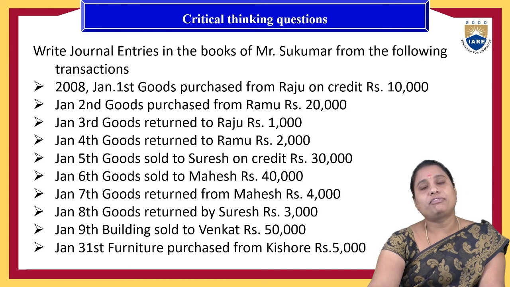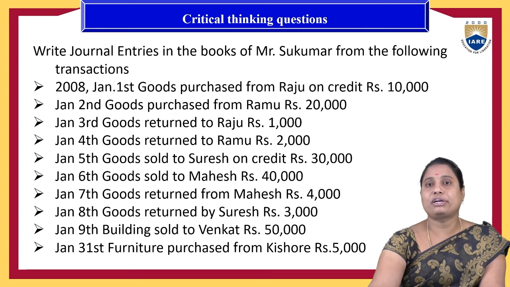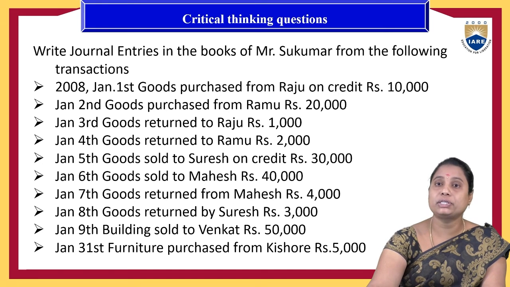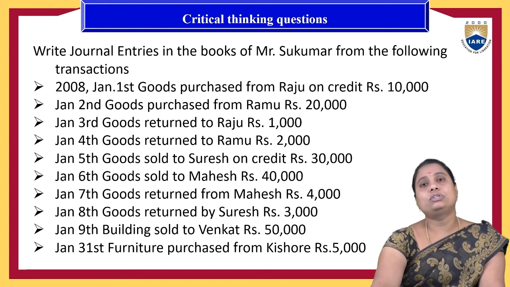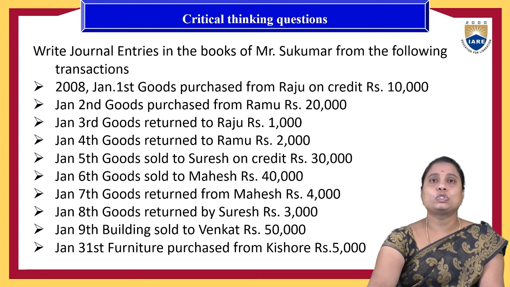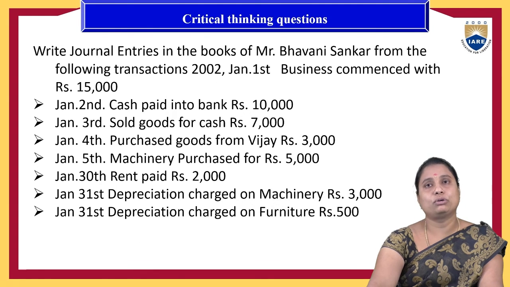Here the furniture is coming to the organization, so furniture account debit to Kishore account. Kishore, they have not mentioned anything means we can take the cash here again. Furniture account debit to cash account. So like this we can prepare these journal entries with a comment and debit amount and credit amount.